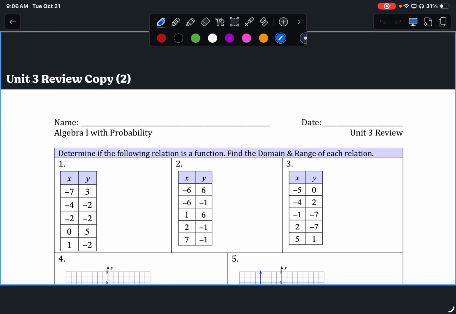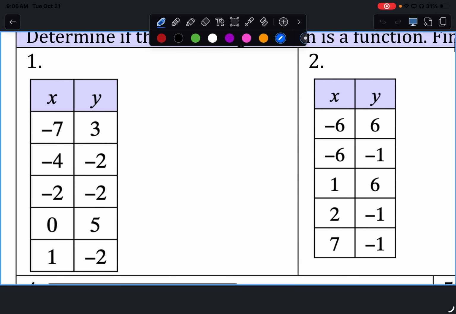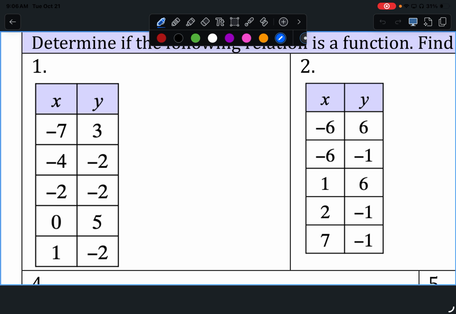So for number 1, we have to determine whether or not it's a function and the domain and range. So is that a function? How do we know that's a function? There's only one of each x. No repeat inputs. Okay, so we're going to do our domain. Domain is our x's.